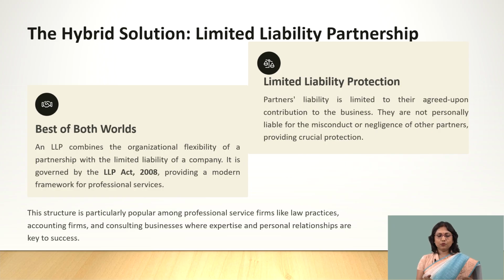This structure is particularly popular among professional services like firms of law practitioners, accounting firms or consulting businesses, where enterprise and personal relationships are key to success. We do not need much resources, only the skills of people are involved.